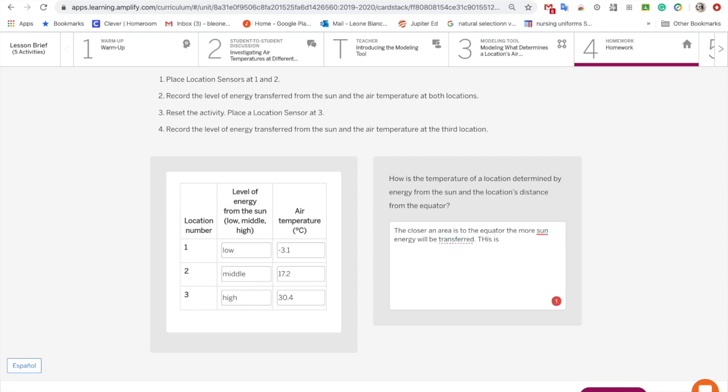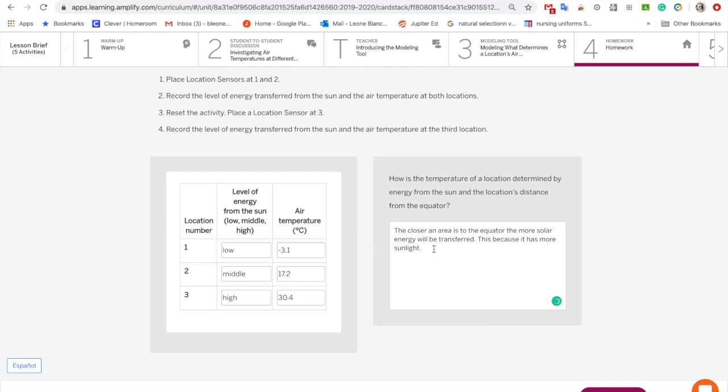This is because it has more sunlight. More solar energy will be transferred.